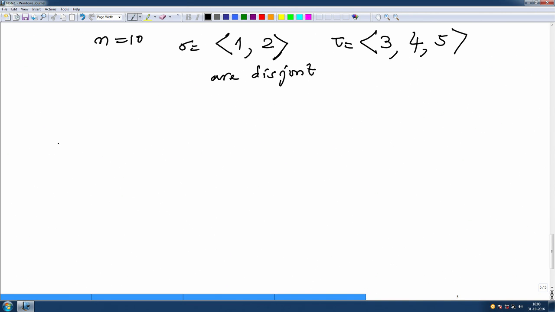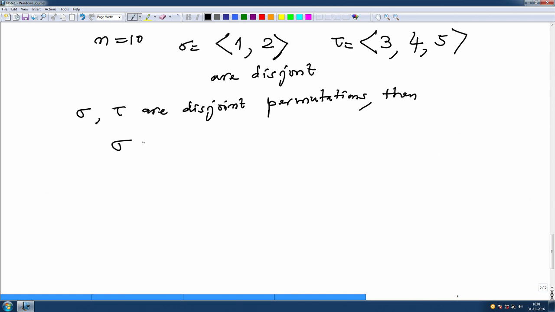And the advantage of disjointness is, if sigma and tau are disjoint cycles or disjoint permutations, then they commute. Then sigma tau equals tau sigma, and this is obvious because the elements which are moved by tau are not moved by sigma, and elements which are moved by sigma are not moved by tau. So, this equality is obvious.